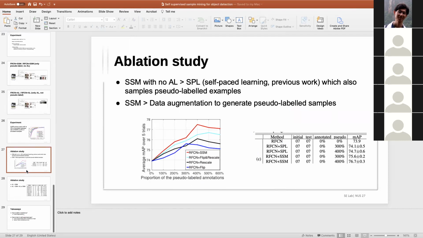And in the augmentation study, they evaluate the performance of using those pseudo-labeled data. They compared against their previous work, and they find their mAP is superior. They also compared the pseudo-label with other random data annotation techniques for generating pseudo-label samples, and their mAP is higher.